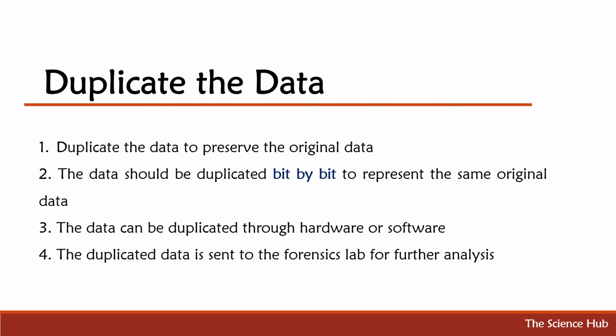Duplicate the data to preserve the original data. The data should be duplicated bit by bit to represent the same original data. The data can be duplicated through hardware or software. The duplicated data is sent to the forensic lab for the further analysis.